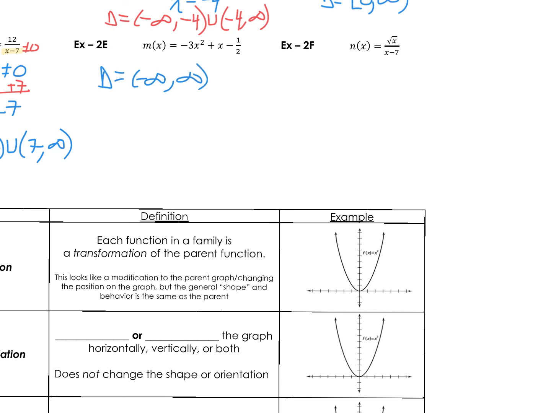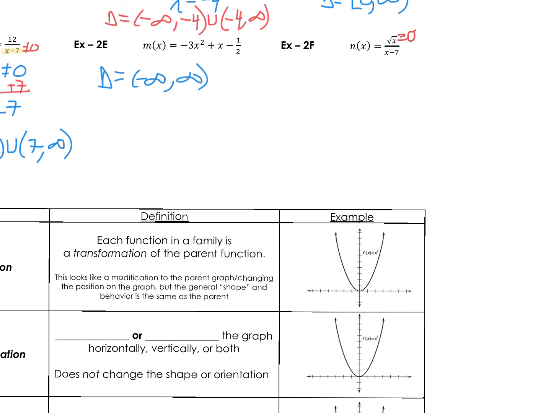Now, this one actually has a double restriction. We have in the numerator, normally I don't care about the numerator of a fraction, but this x value here cannot be negative. So that x value underneath there has to be greater than or equal to 0.